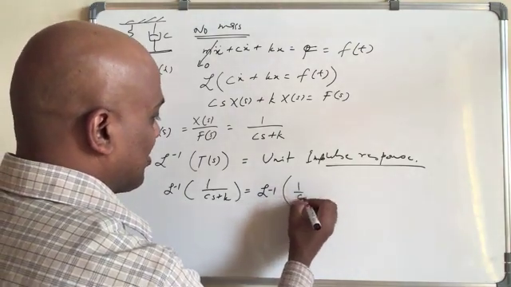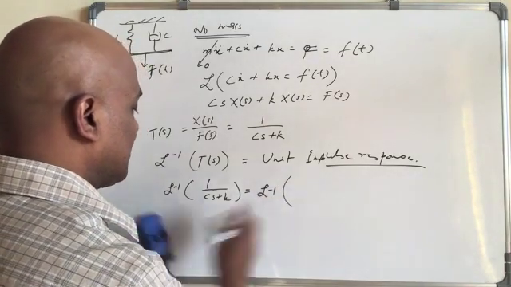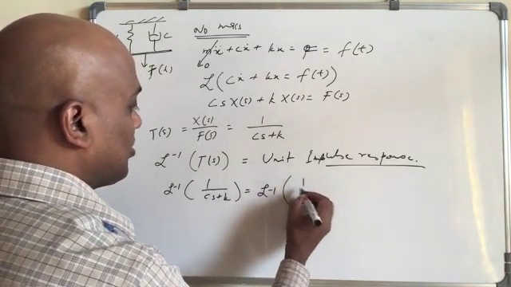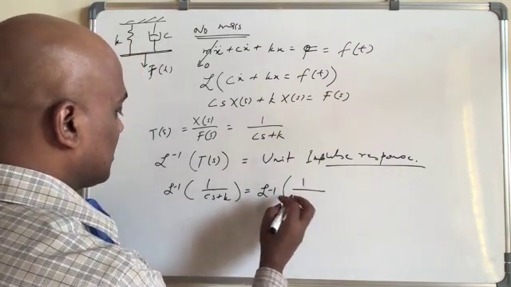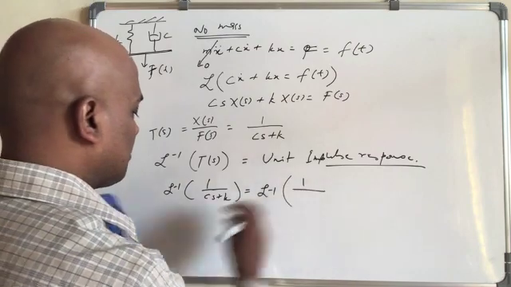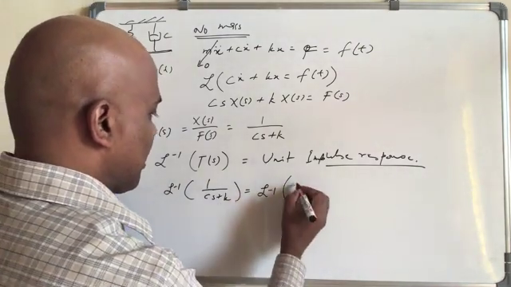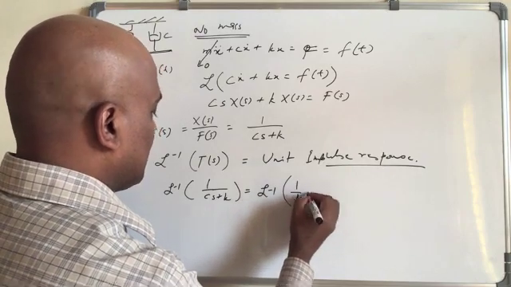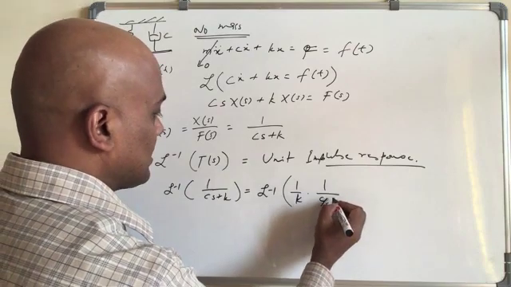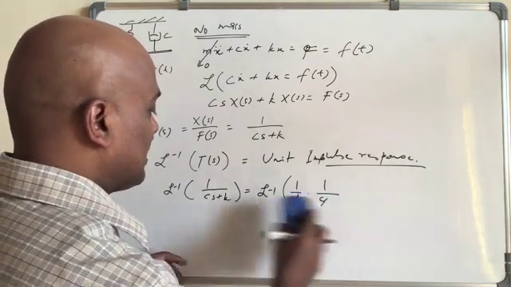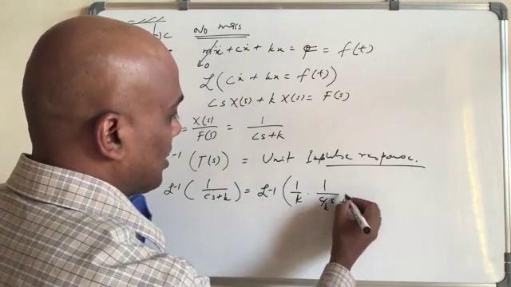We can write it as 1 over k, and then 1 over c over k times s plus 1.